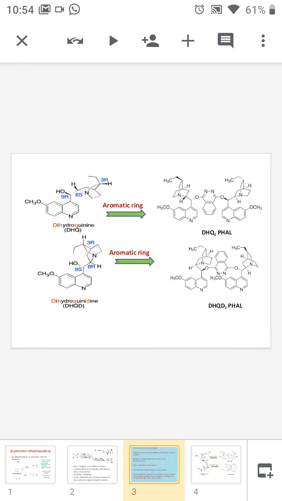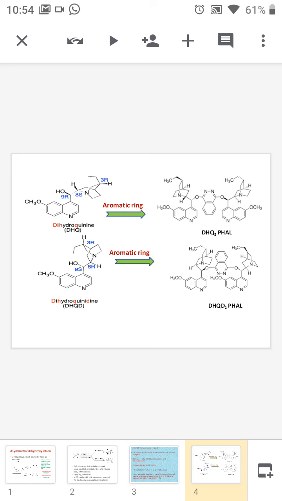These are the structures of DHQ and DHQD, and after aromatic ring attachment their structures become like this. Do not worry about the structure, just remember the name DHQ, and when it combines with the aromatic ring we get (DHQ)2PHAL.